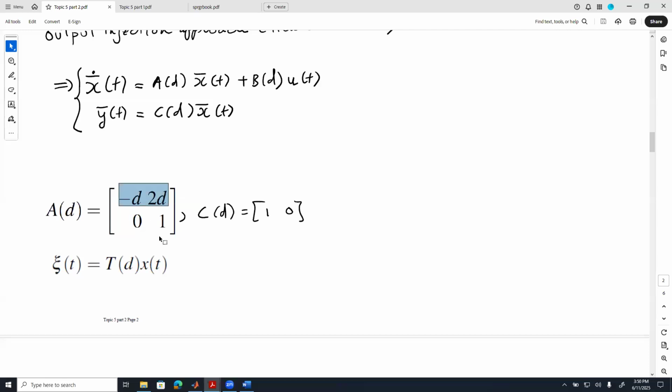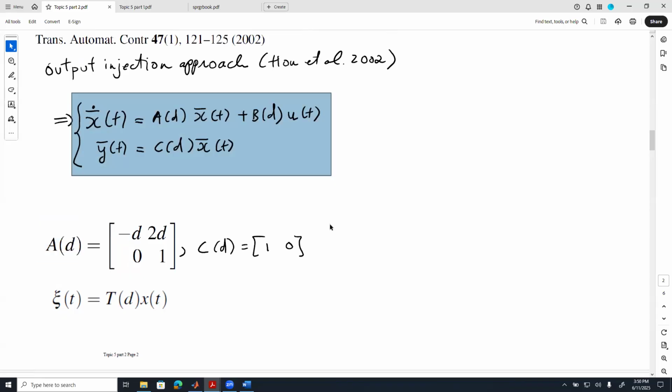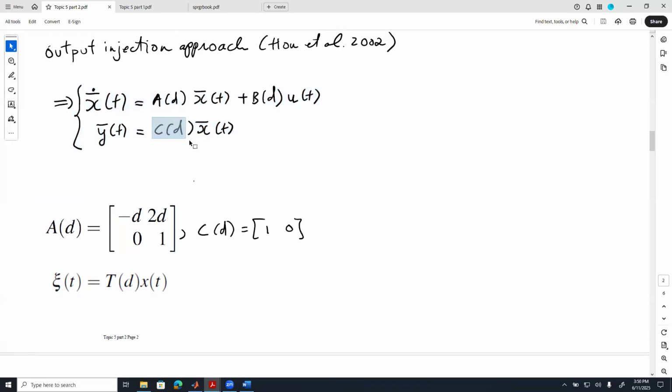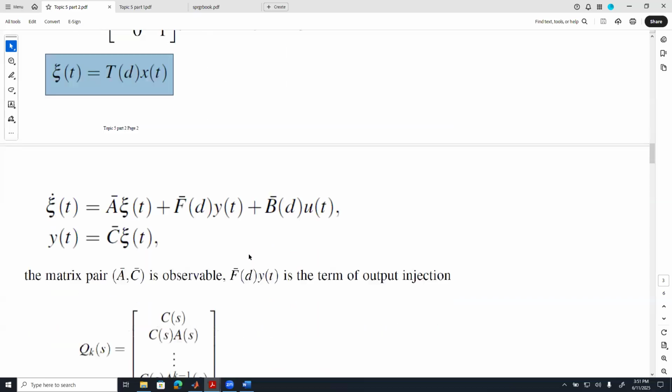And then the other, A bar 1, is 0, 0, 0, 1. So we obtain this matrix. So we basically express the time delay system in this form, and so we can obtain matrix C(D). Now it happened that there was no delay in the output measurement, so C(D) is just the C matrix itself, and B(D) is the B matrix itself.